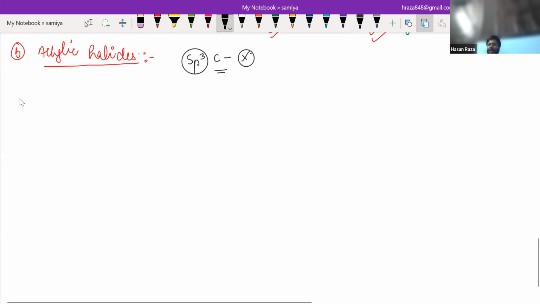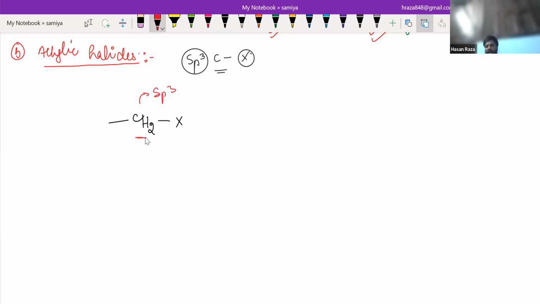In allylic halide you can see this is CH2X, carbon making 4 single bonds, so it is sp3. And the adjacent carbon must have a double bond. So this carbon will be known as allylic carbon, and the compound is known as allylic halides.